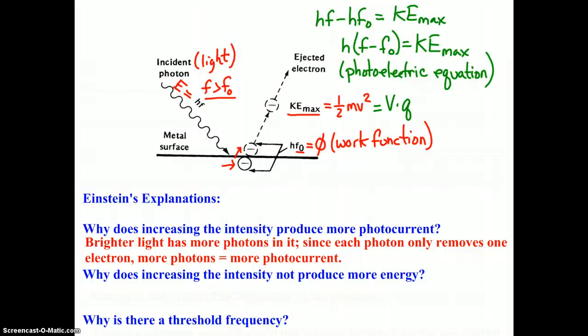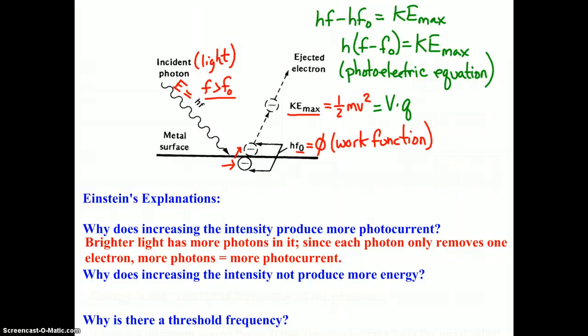So what he said was, only one photon is allowed to remove one electron from the metal. So if you shine brighter light on the metal, what that means is it has more photons, so it's going to eject more electrons, and therefore you get more photocurrent.